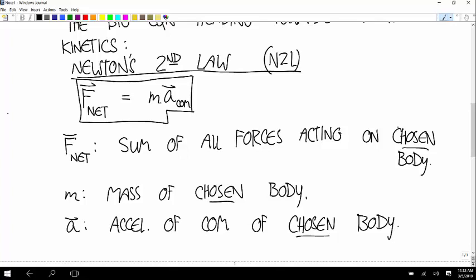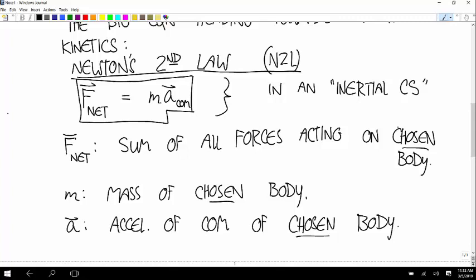And COM means center of mass. To do this calculation, this is only going to hold in what's called an inertial reference frame, or an inertial coordinate system. If you're not in an inertial coordinate system, this won't hold.